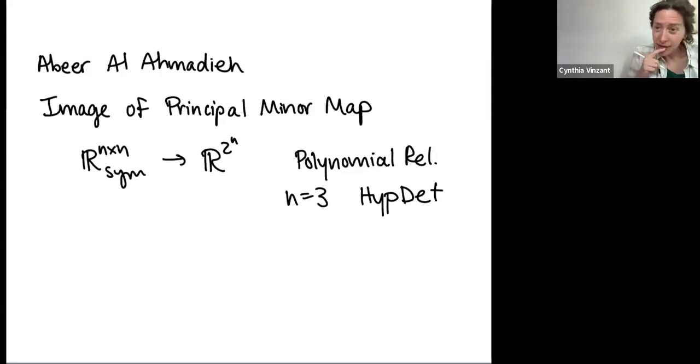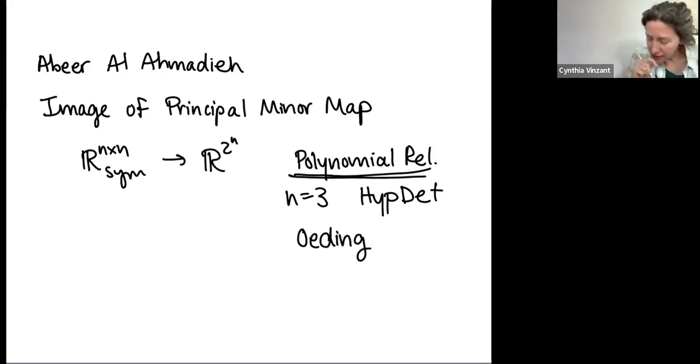And then you can get polynomial relations for higher n using a large group action. Luke Oeding basically showed that set-theoretically you can take the orbit of these under a large group action and you'll get a set of defining equations. So defining equations are known and nice. They're not the easiest to work with.